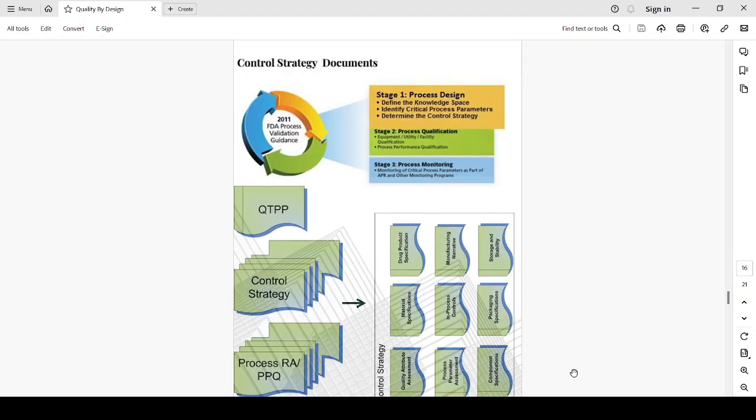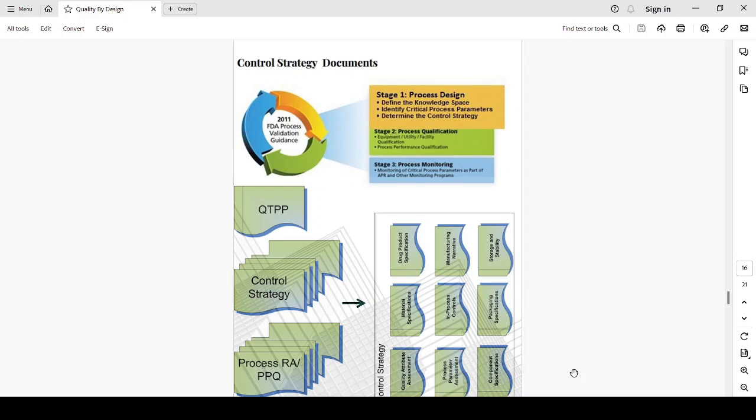Control strategy document: in stage 1, it is process design. It defines the knowledge space, identifies the critical process parameters, and determines the control strategy. Whereas stage 2 is process qualification, for example, equipment, utility and facility qualifications and process performance qualification.